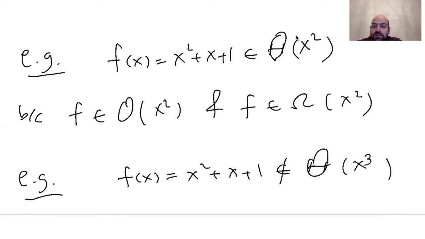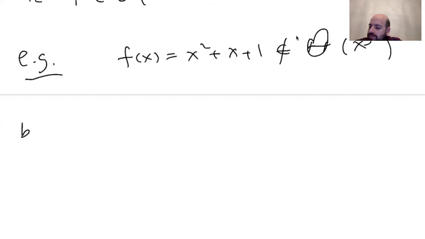X squared plus x plus 1 does not behave like x cubed, so it should not be in capital theta of x cubed. Why is that true? Because x squared plus x plus 1 belongs to capital O of x cubed, because absolute value f is less than or equal to some constant times x cubed.